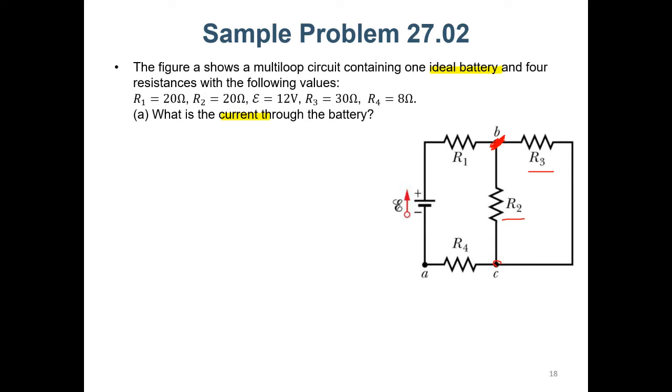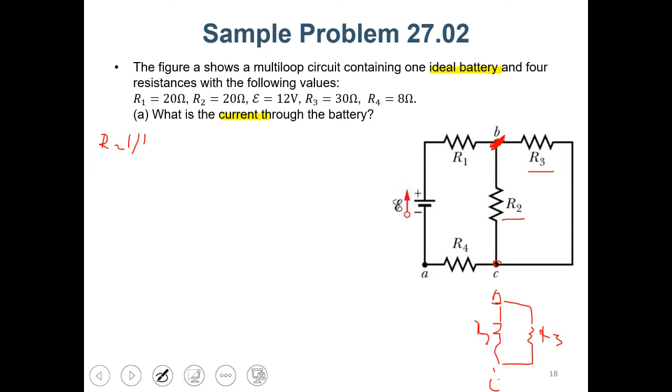Although R3 is in this direction, actually it is the same as between point B and point C, something like this, R2 and R3. So it is actually not a series resistor. So first of all, R2 parallel R3.